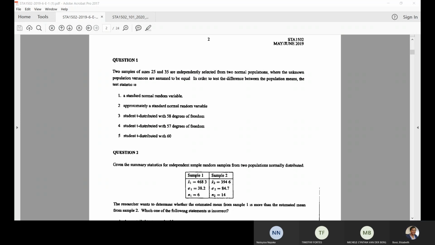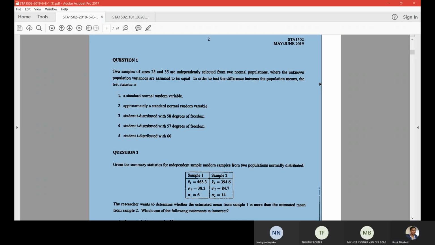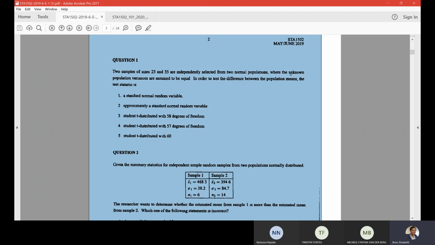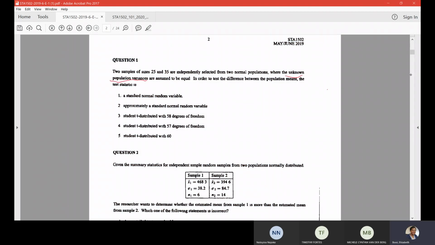Number 3. Why number 3? So we know that the population standard deviations, the variances, are unknown. Therefore, it means we're going to be using a t test statistic. And if we're going to be using a t test statistic, the degrees of freedom is given by N1 plus N2 minus 2.